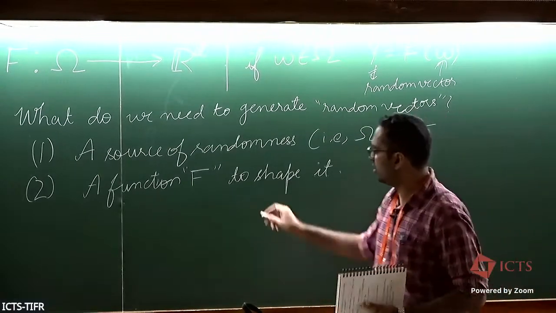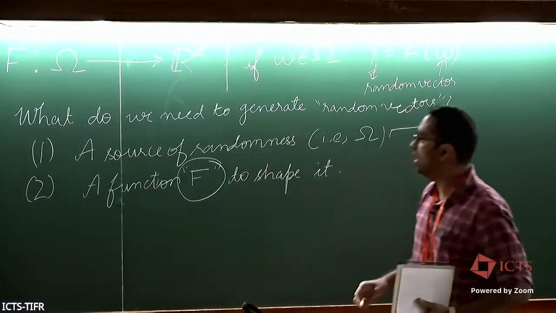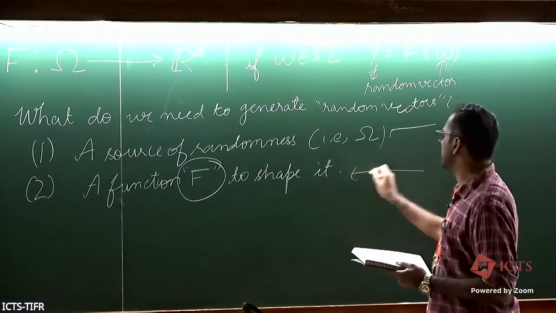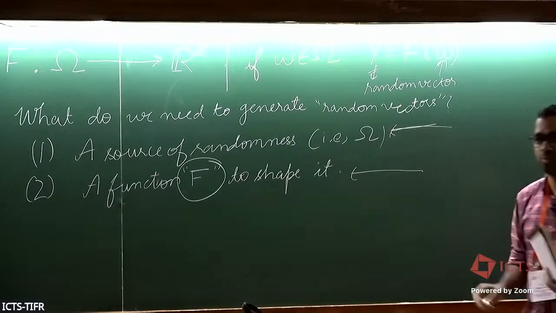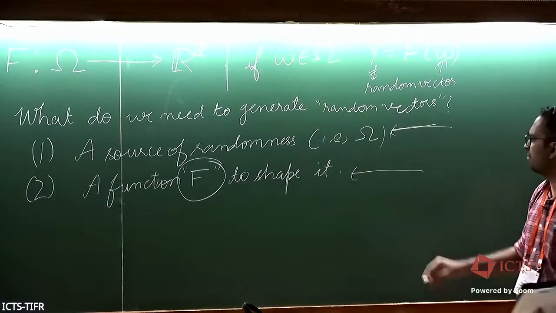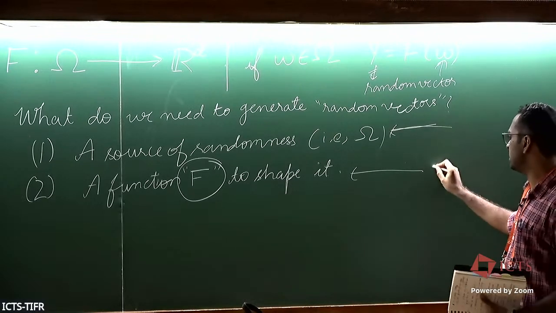So we need a function f to appropriately shape this tractable source of randomness, that is a Gaussian random variable, and we suddenly want it to look like an image. So we want to apply f to omega, and we need it to look like the distribution we have. Okay, so this is the hard part. A lot of people have figured out how to do it on a computer, how to do it efficiently, and so on, how to make it robust to various hardware details and so on. We will take this for granted and we will study this.